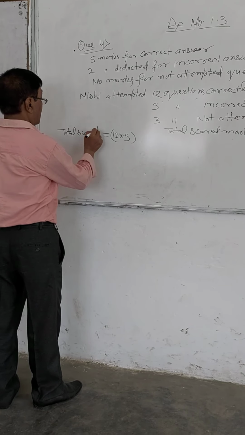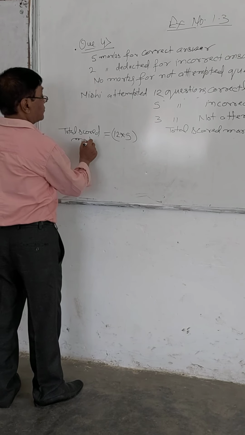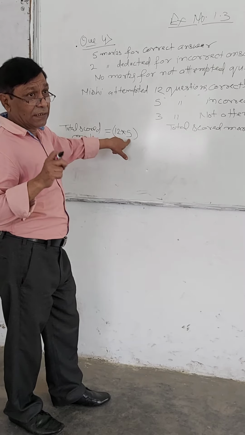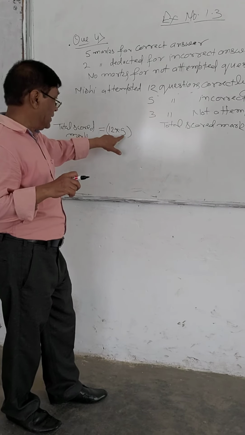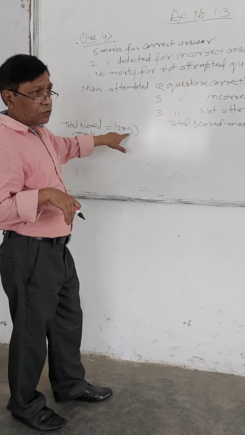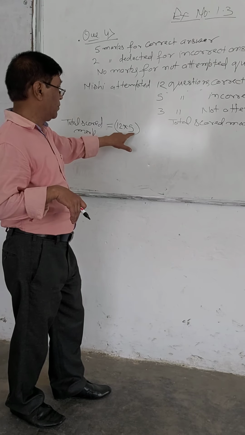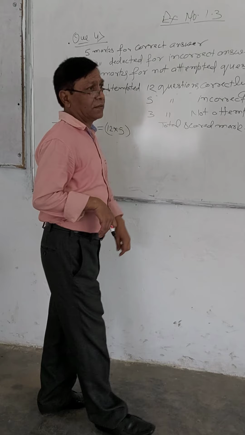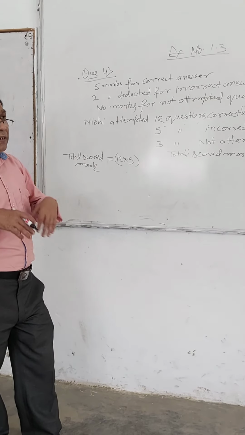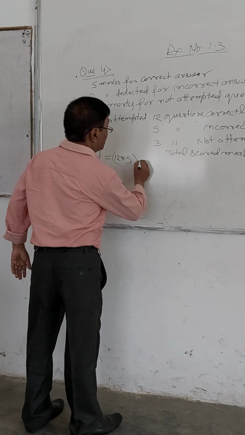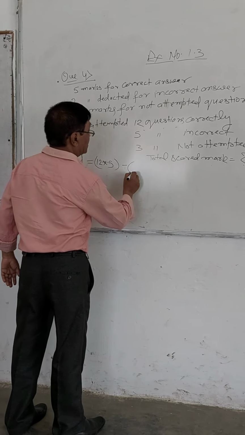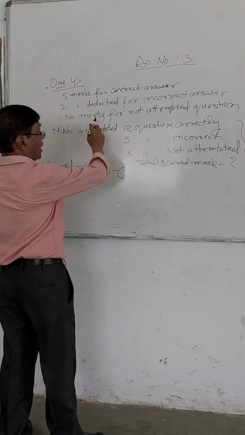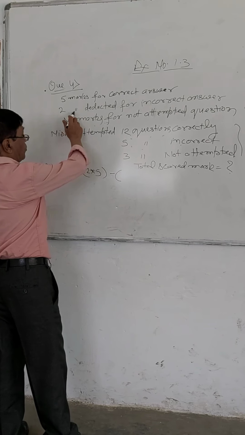Total score mark. 12 into 5, because he has done 12 questions correctly, and for each correct answer 5 marks are given. And 5 questions incorrect, so that will be deducted. For each incorrect answer how much mark is deducted? 2 marks.